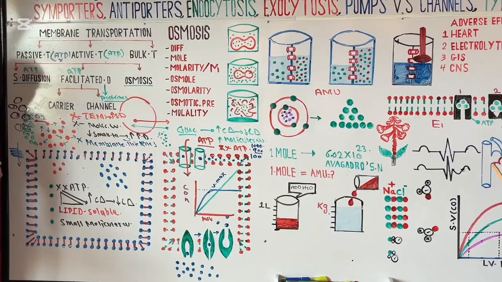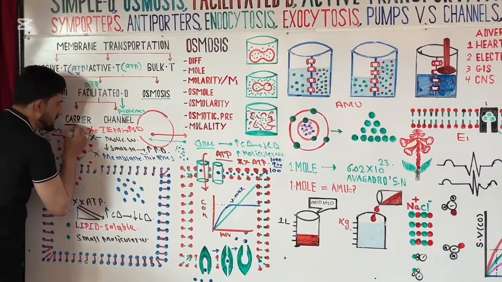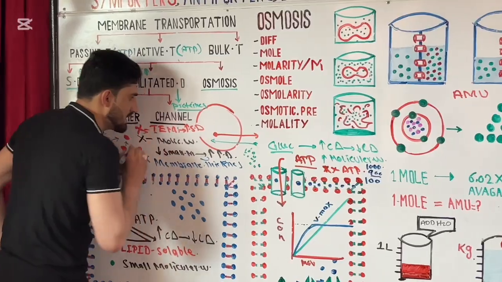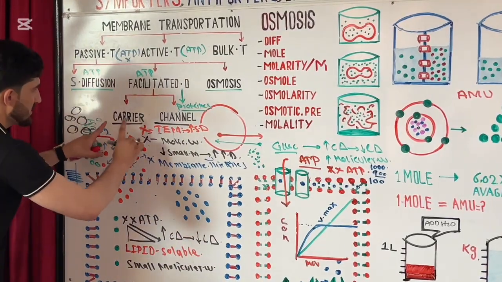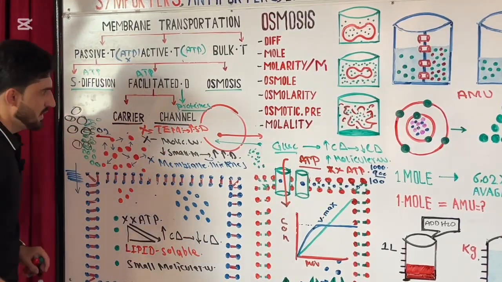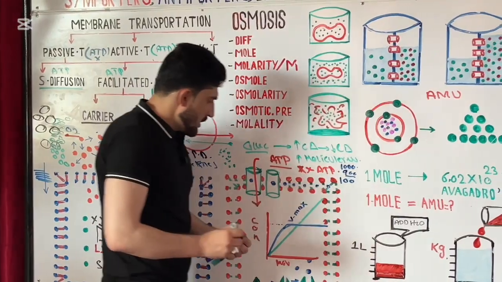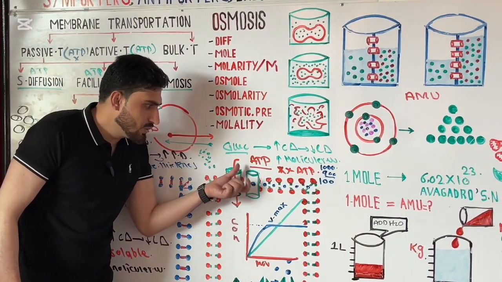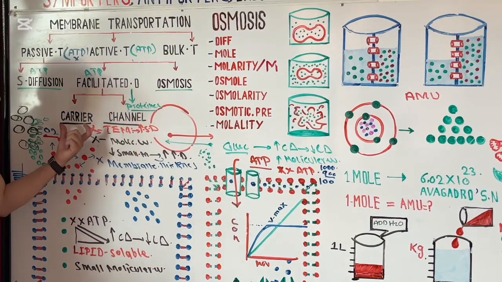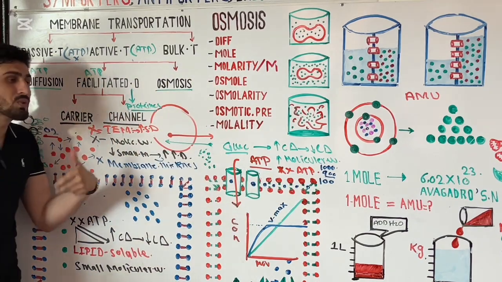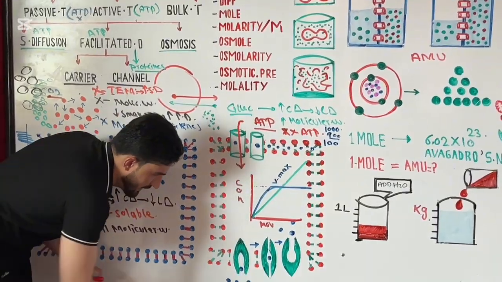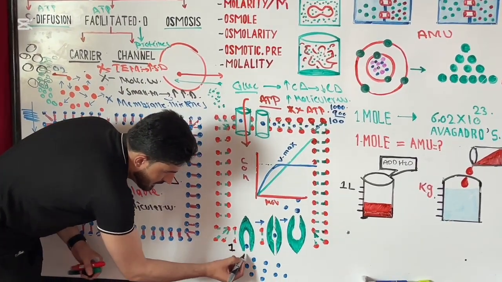There is one important thing, that sometimes facilitated diffusion is through carrier proteins, and sometimes it is through channel proteins. What are the differences between channel proteins and carrier proteins? This is so easy. First difference, channel proteins don't go through conformational changes, but carrier proteins do. For example, here is this pump. In step 1, this pump takes a molecule.